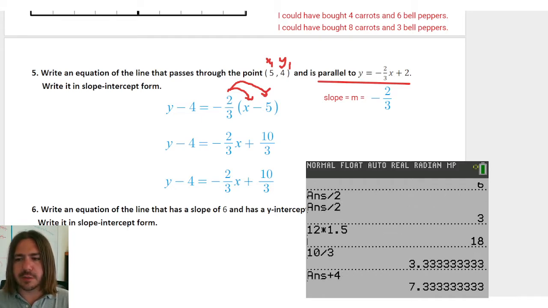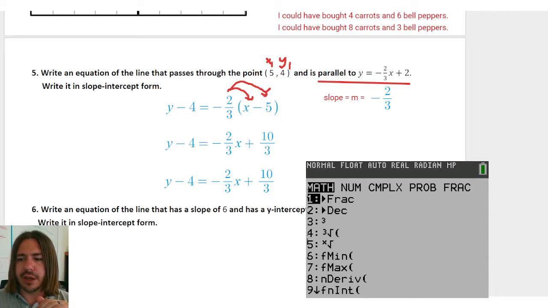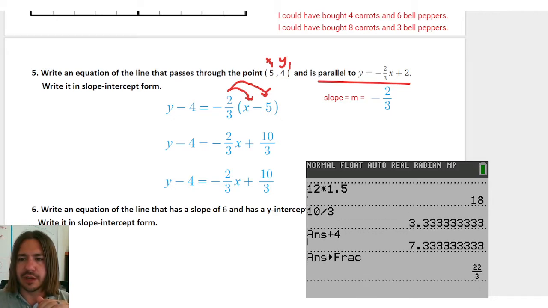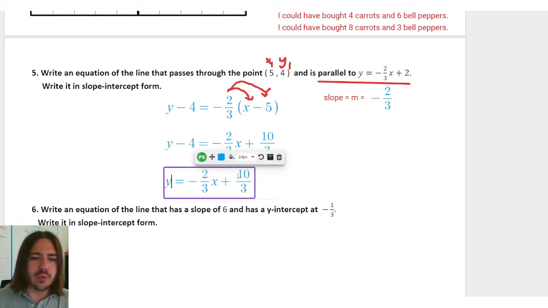Now, if you get a decimal, which I am expecting a decimal here, and you want to convert that to a fraction, you're going to hit the math button, and then you're going to hit enter, enter. Okay, and so I get 22/3. So let's go ahead and fix that. So we've got y equals -2/3 x plus 22/3.